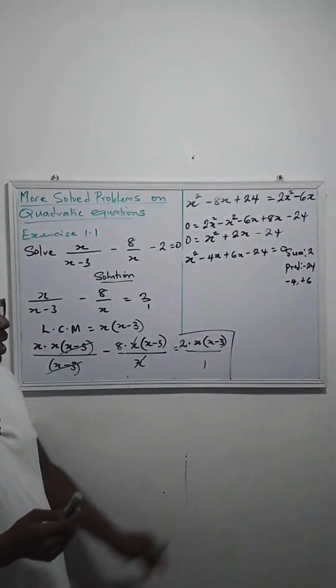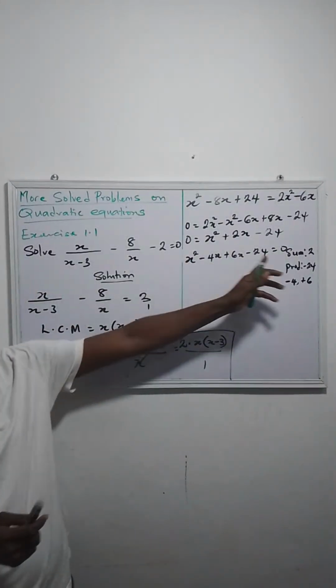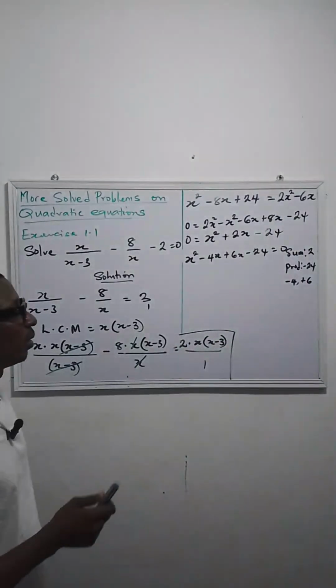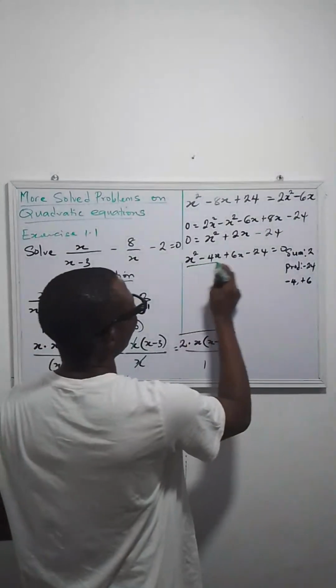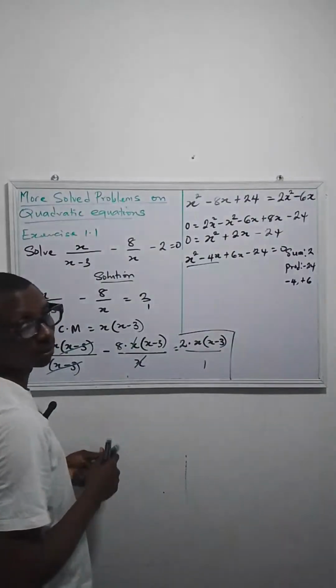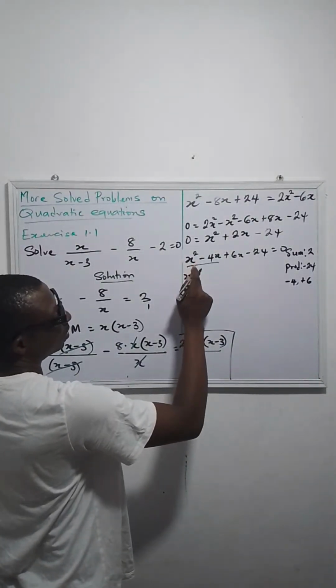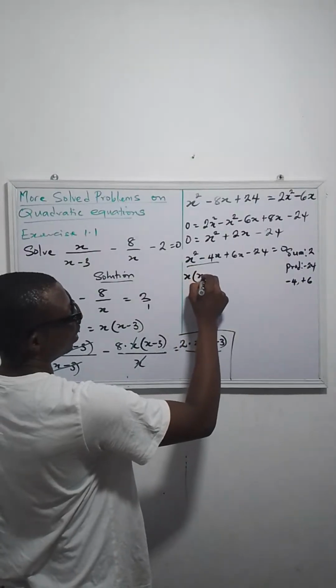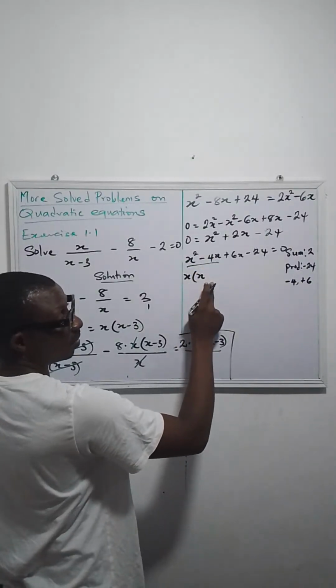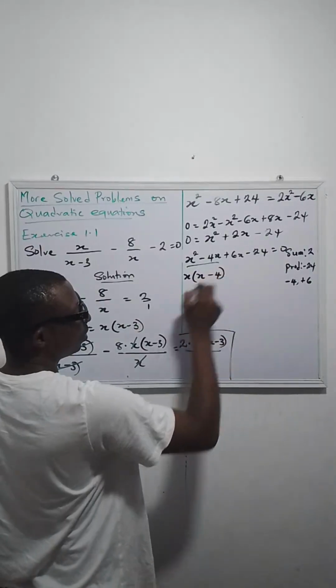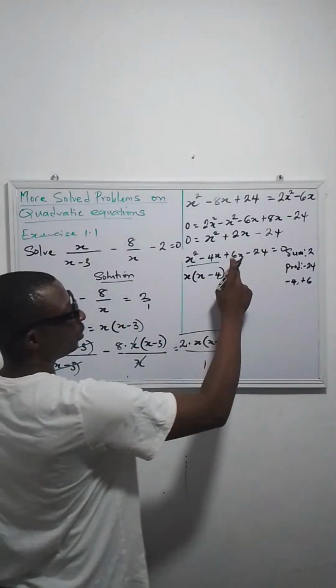Okay, so you can either put your equality here or here. All right, so now let's look at the first pair here. What's the GCD of these two terms? So we have x. So when you divide this by x, x squared divided by x, we have x. Negative 4x divided by x, we have negative 4. So we do the same thing here.